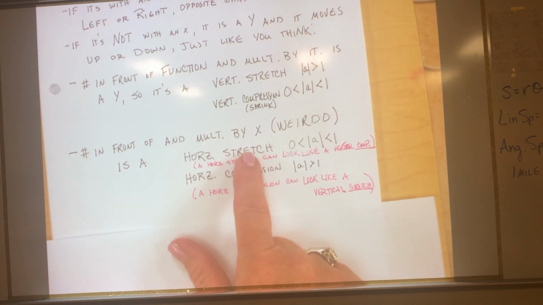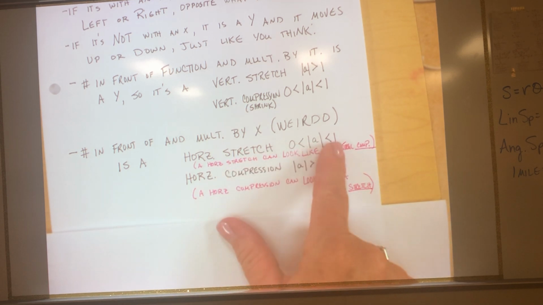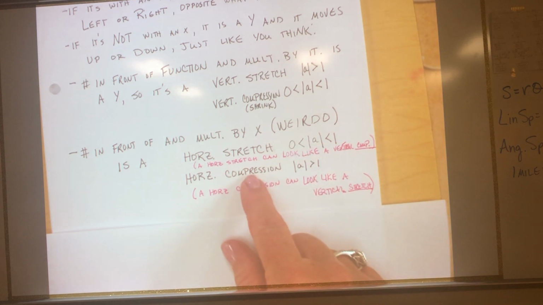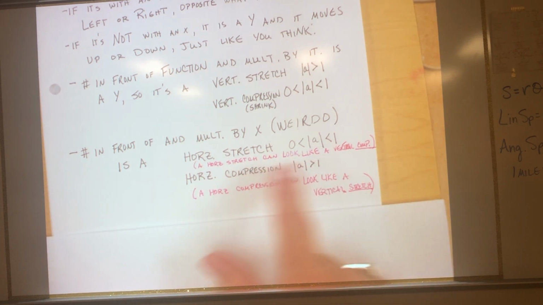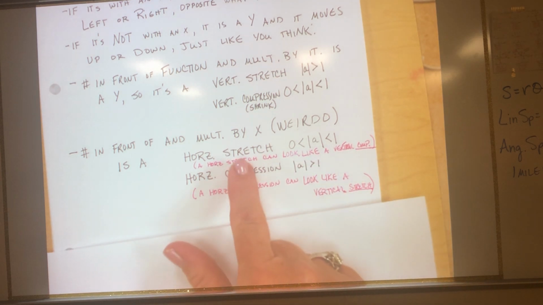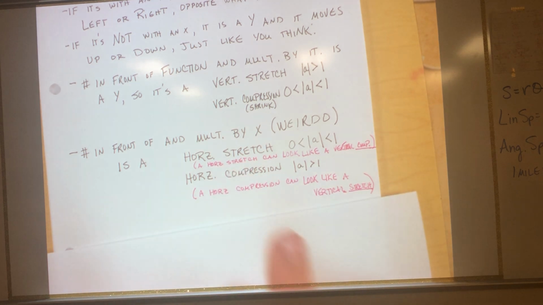He's going to be a horizontal stretch if the number is between 0 and 1, and a compression if the number is bigger than 1. I wrote down there in a different color that sometimes a horizontal stretch will look like a vertical compression, because a horizontal stretch makes it wider. So when you compress something vertically, it makes it appear wider too.